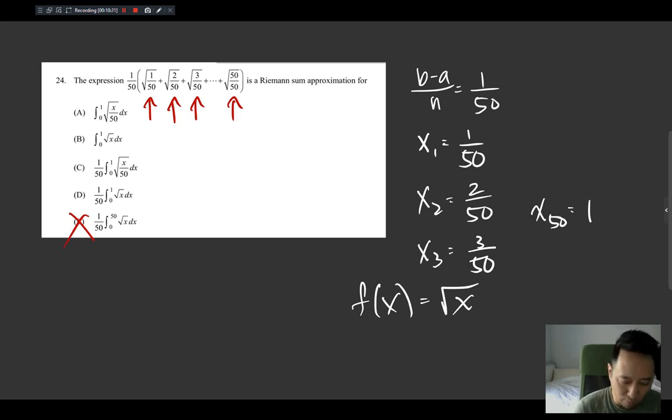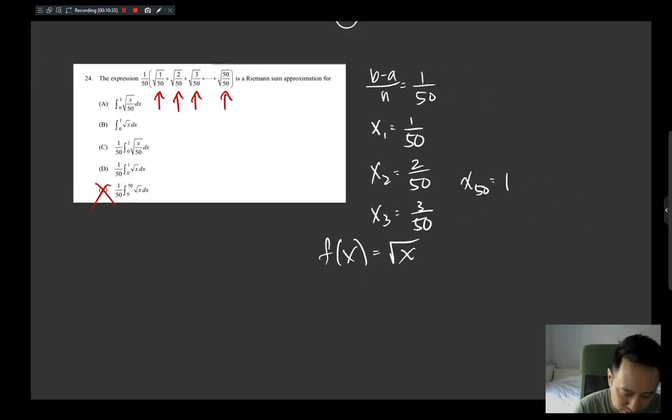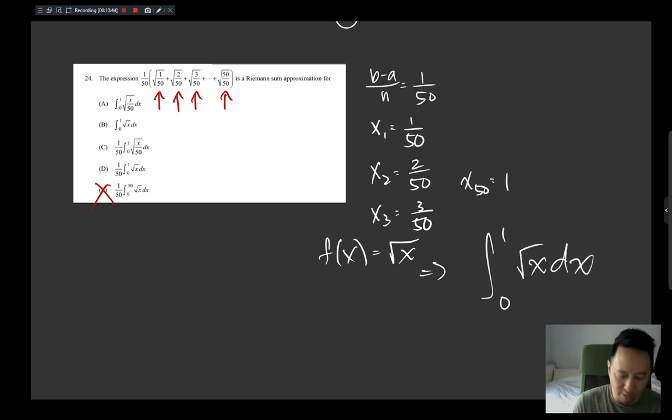So if it was a left Riemann sum, this should have said 49 over 50. But it goes all the way to the end, which means a rectangle has to touch all the way at the end. That's 50 over 50. So this looks like an approximation for the integral from 0 to 1, and f of x is going to be radical x dx. That's it.